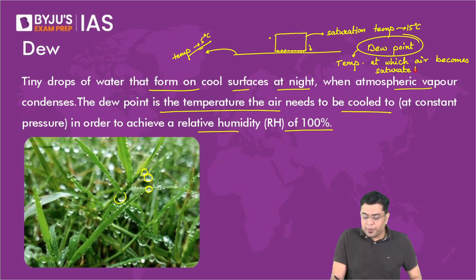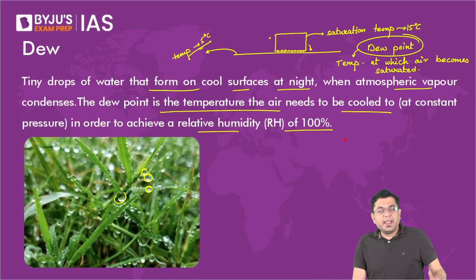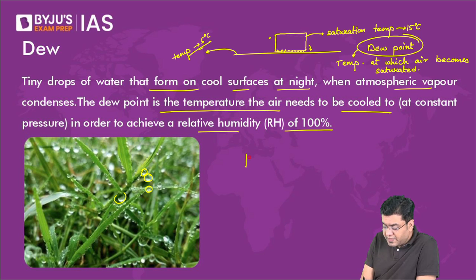Now, there are certain conditions when the air is very dry. Suppose the air is very dry, that means the humidity level is less. Suppose the air has a relative humidity of 25% and the temperature is 20 degrees Celsius. Now suppose this cools down.